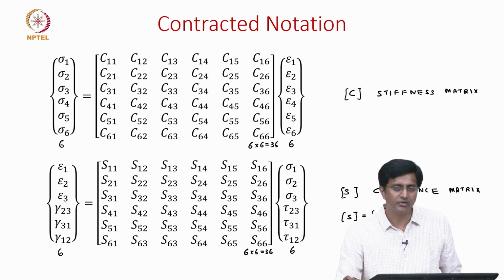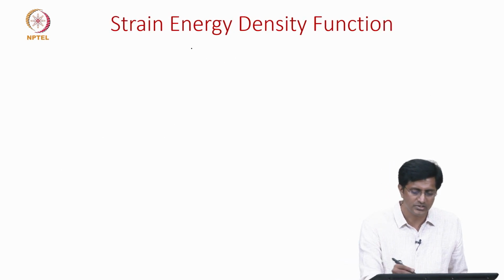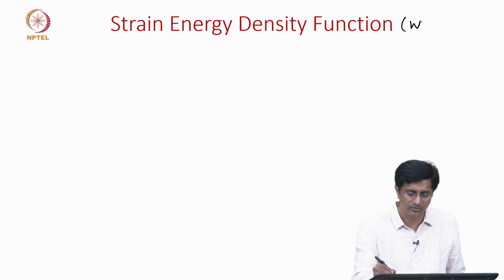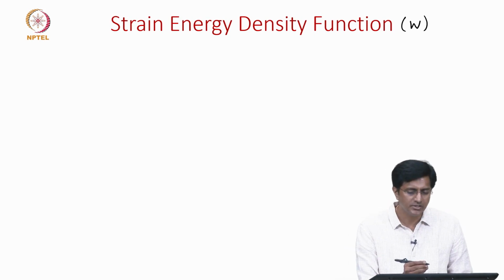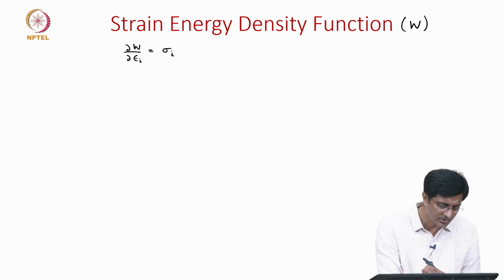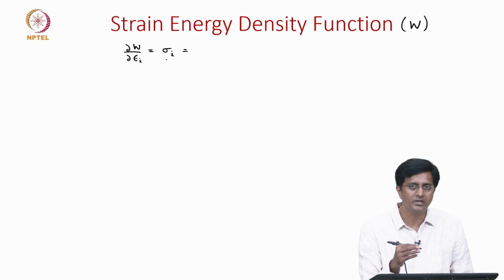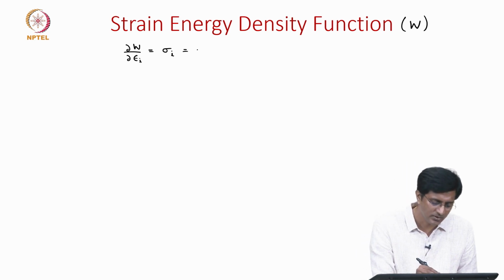Next we will look at a way to further reduce these 36 constants to 21. For that we will discuss the strain energy density function, which we will represent as W. We define the strain energy density function in such a way that the partial derivative of this strain energy with respect to a particular strain component gives us the corresponding stress component sigma I. But we have already seen that sigma I can be written in terms of the elastic constants and the strain, which means I can replace it with C_ij epsilon j.